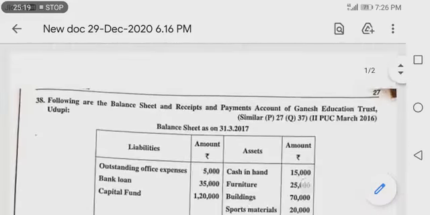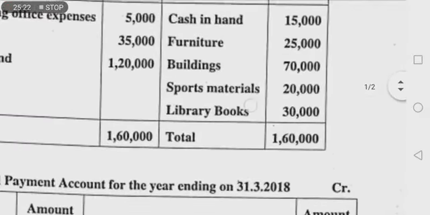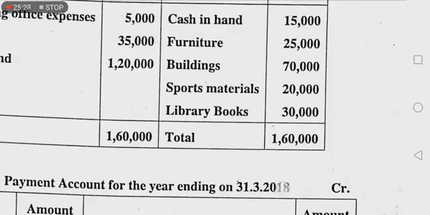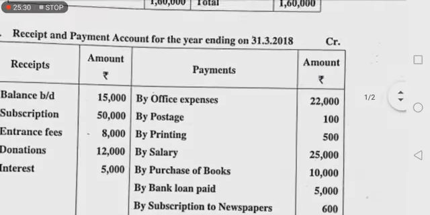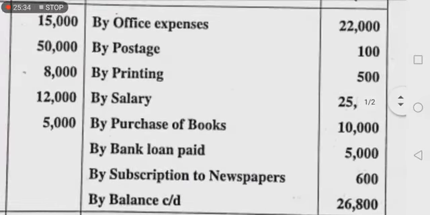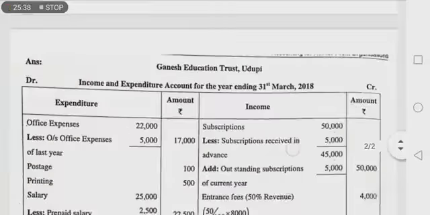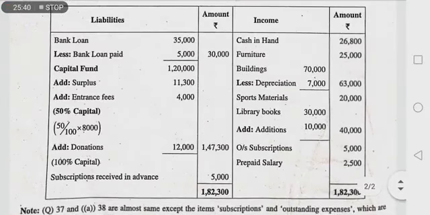And again, the next transaction, that is about library books in the old balance sheet. The actual amount given in the old balance sheet is 30,000, but under the payment side we can observe the new books purchased for 10,000 again. So you have to add it in the new balance sheet.